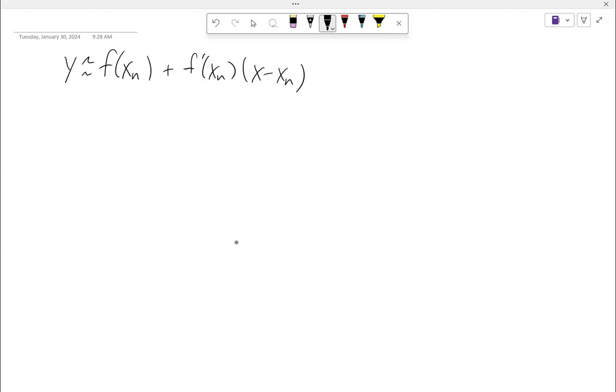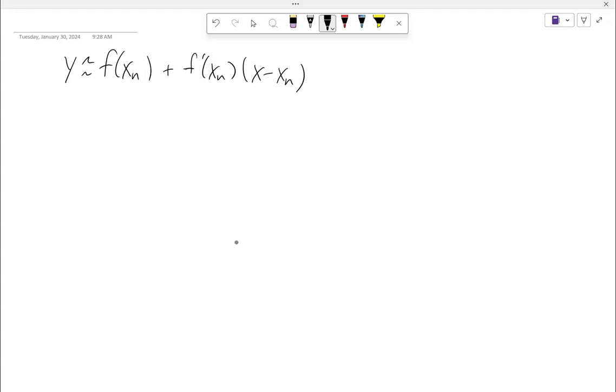That's the linear approximation that we're trying to use. Now, we know that this crosses the x-axis. We've already done this. This is how we got Newton's method to start with. We set it equal to 0, and that's how we figure out where it crosses the x-axis.